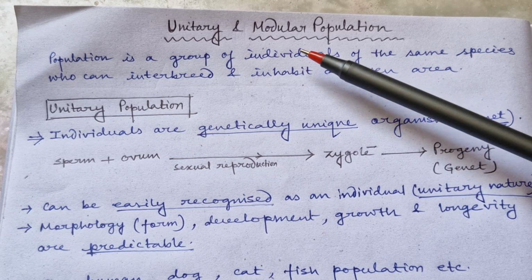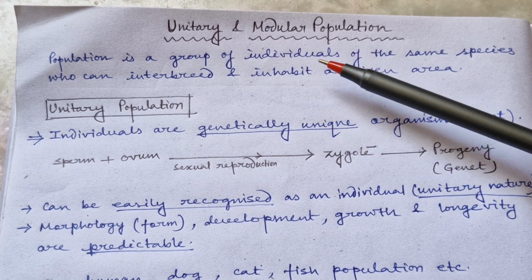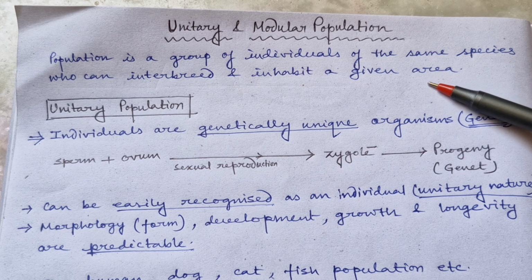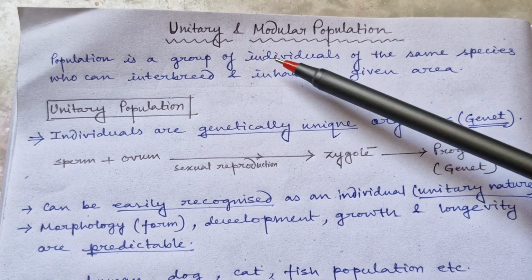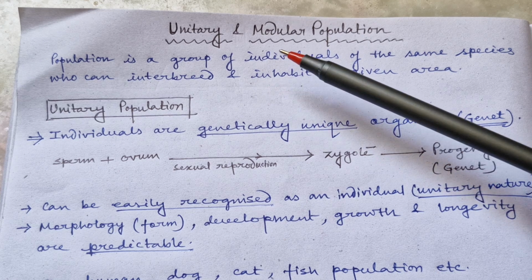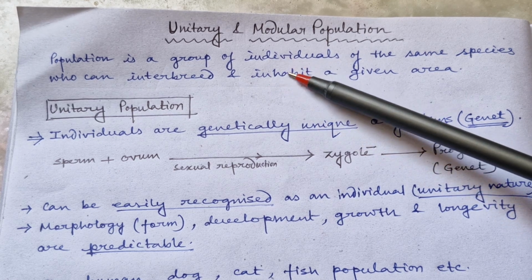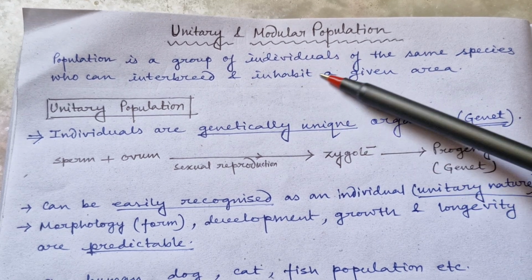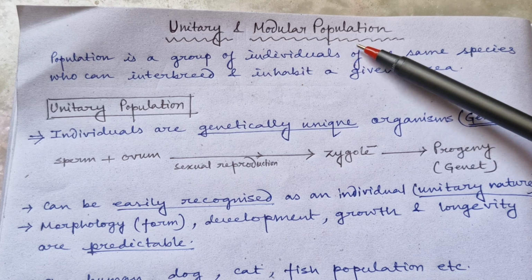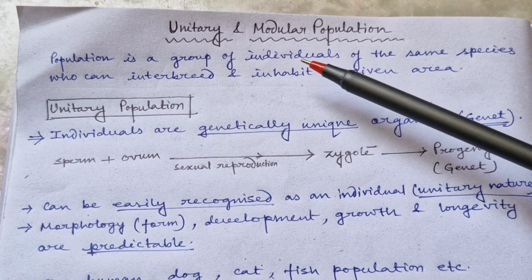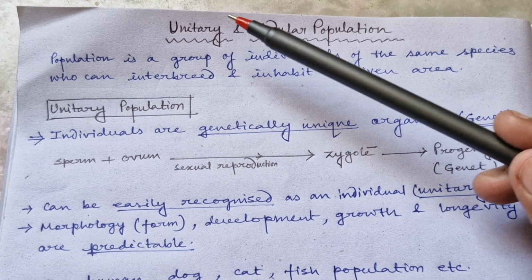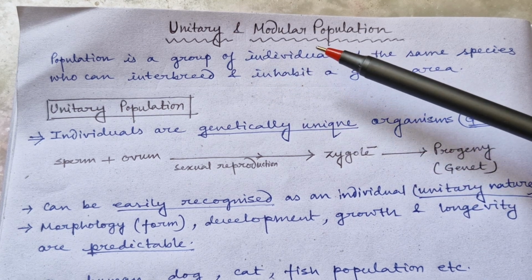So population is a group or assemblage of individuals of the same species. From this definition, you can easily understand that the unit of any population is individuals of the same species. Now, how we define an individual differs in the case of unitary and modular population.